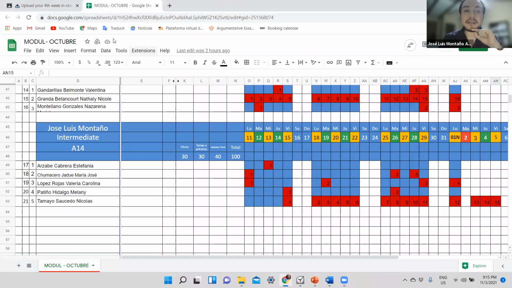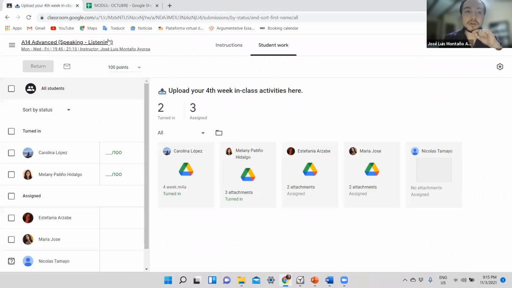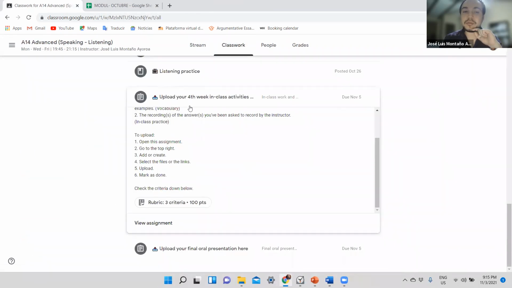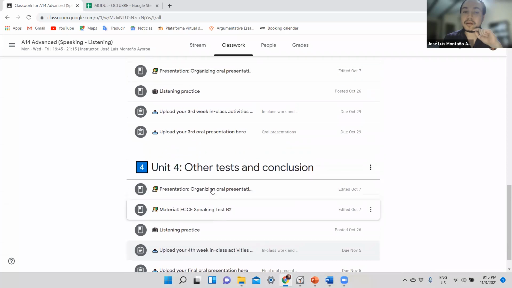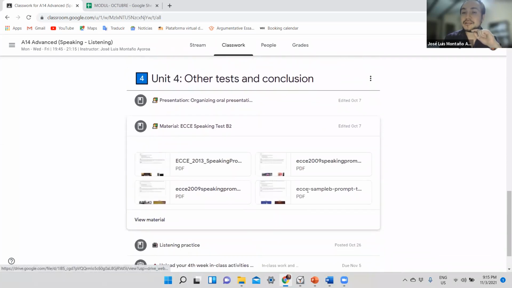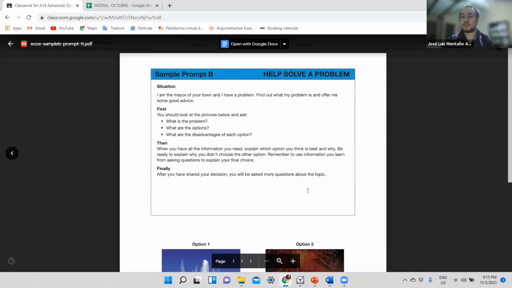Remember, the last one that we are going to work on is the last prompt, right? Sample B. So you can go there again. ECCE speaking test, B2, and ECCE sample prompt B. Let's read this quickly. This is going to be, again, the same structure to what we were having before.